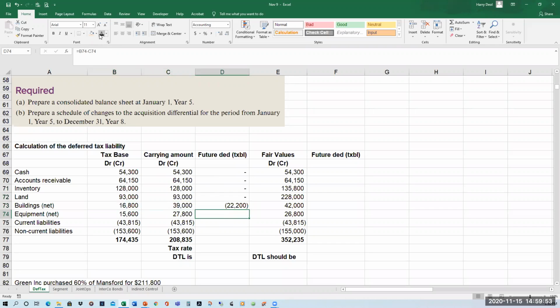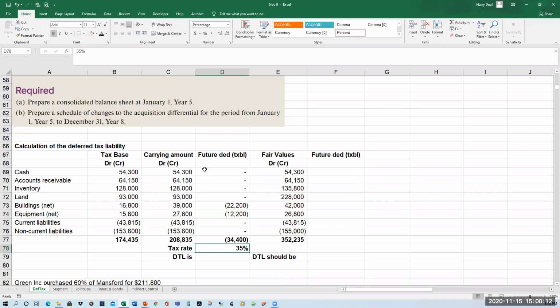For equipment, likewise, there's a future taxable difference of $12,200 and nothing as far as the liabilities are concerned. So these two items result in a future taxable difference of $34,400.